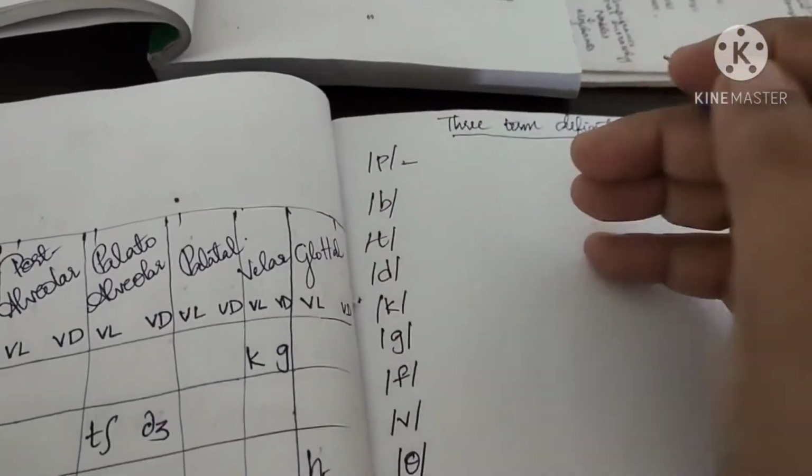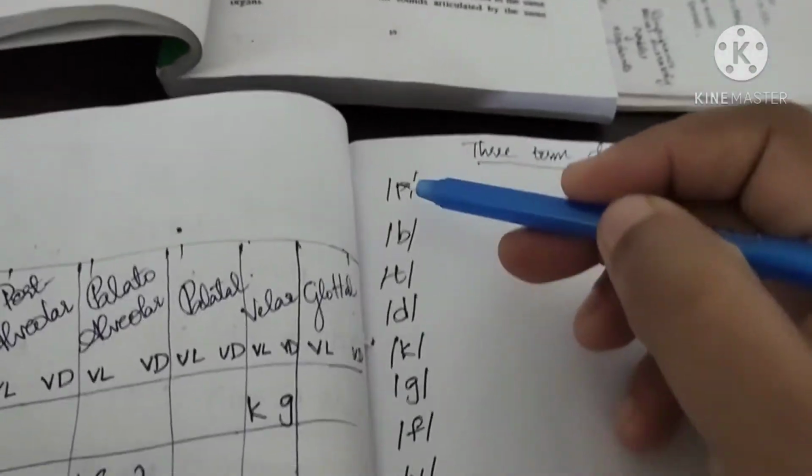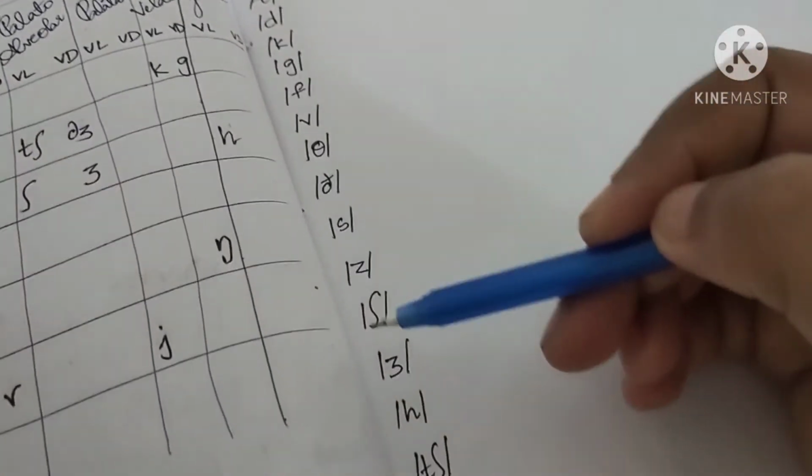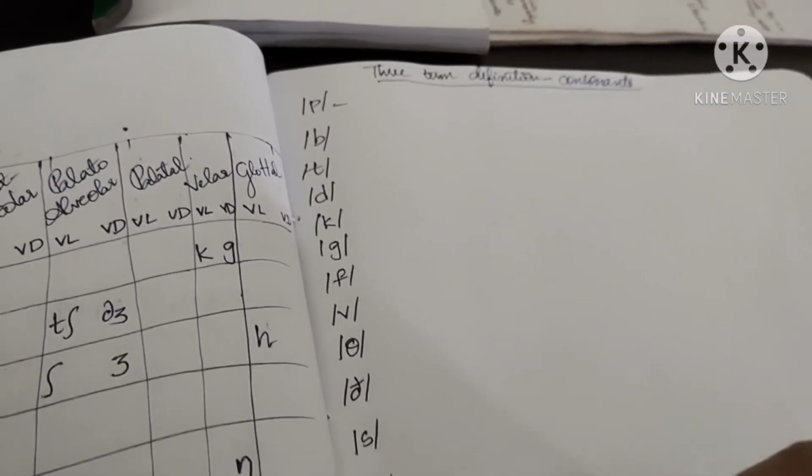First of all, from this P to this R, let us write in alternation.